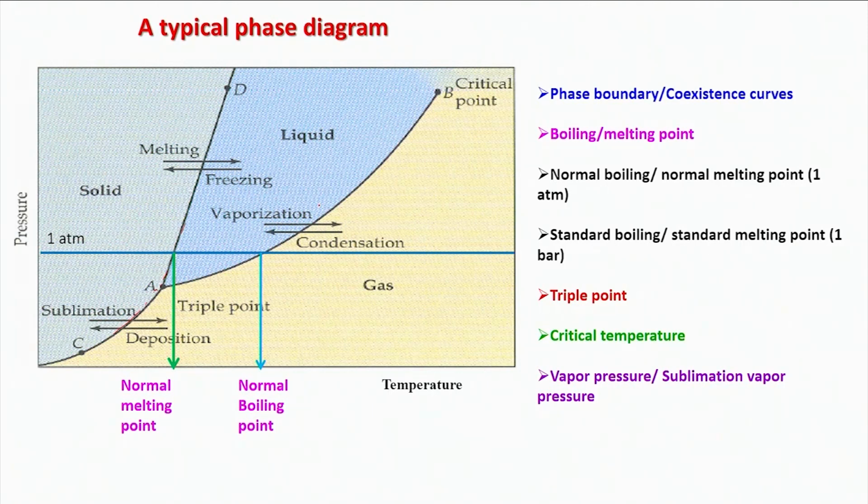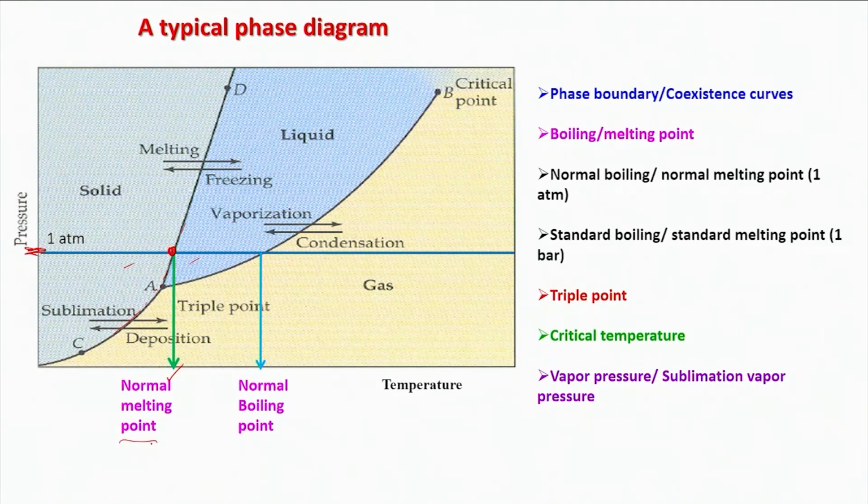Now, if I look at the normal atmospheric pressure, then I find that this is the temperature at which the system is going to have a phase equilibrium between the solid phase and the liquid phase, and therefore this is named the normal melting point.